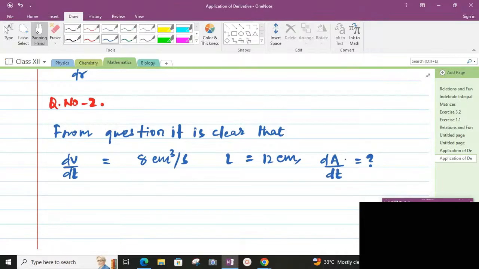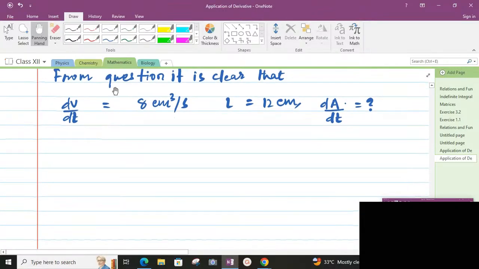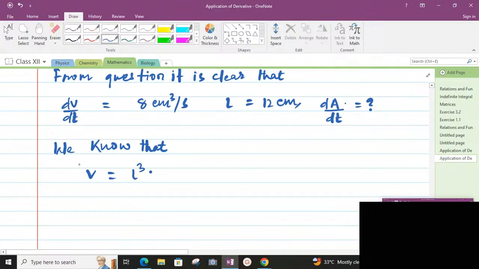So we know, recall the formula of the volume of the cube. We write down here, we know that V equal to L cube. So now differentiate both sides with respect to t.